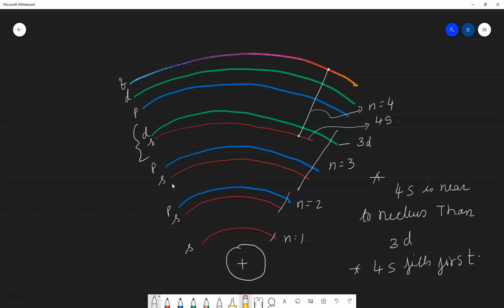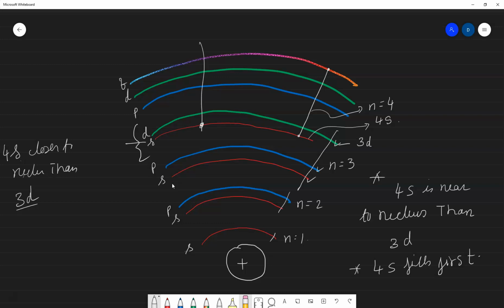See, the s subshell of the fourth shell is closer to the nucleus than the d subshell in the third shell. So look here. Now here you got s, p and d. This is the third shell. See, the third shell has got 3 subshells, and this is for the fourth one.